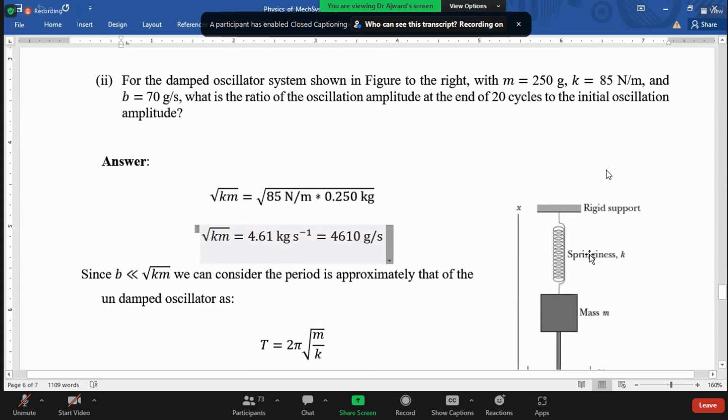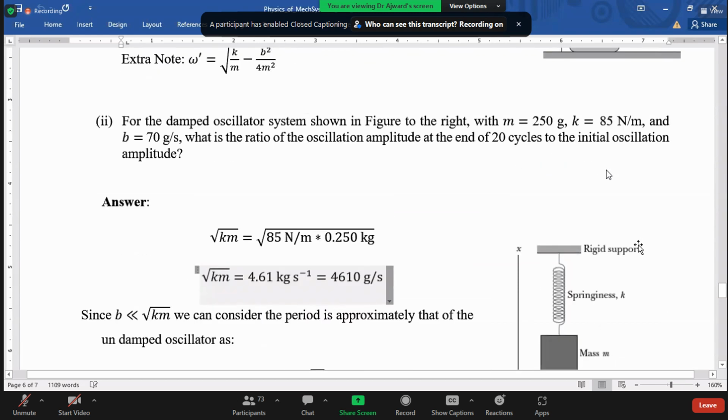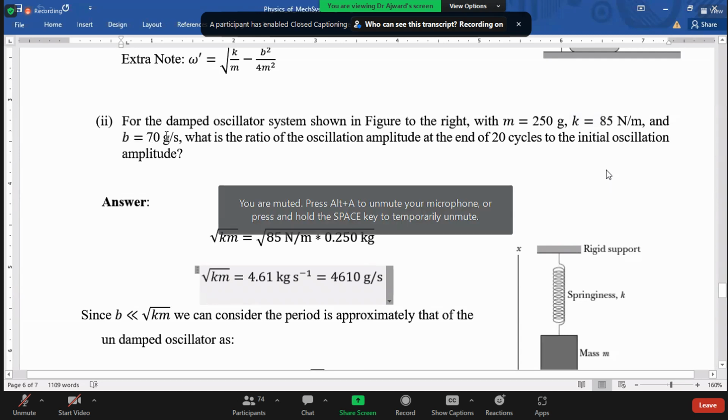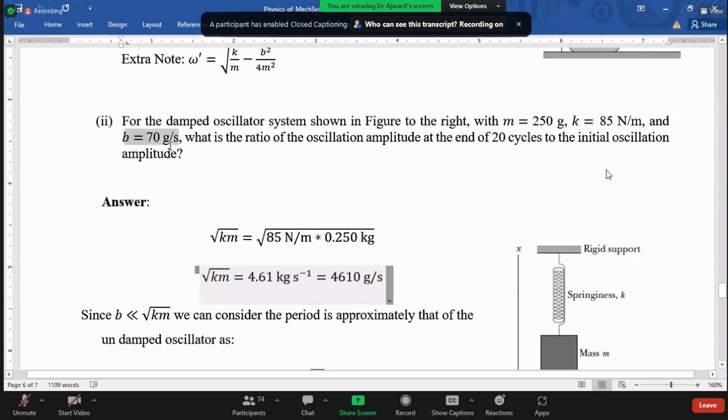And the second part says, for the damped harmonic oscillator system shown in the figure to the right, that is the same figure, the mass is given, and k, the spring constant, is given. Additionally, since it's a damped oscillator, the damping constant is given, b equal to 70 grams per second.